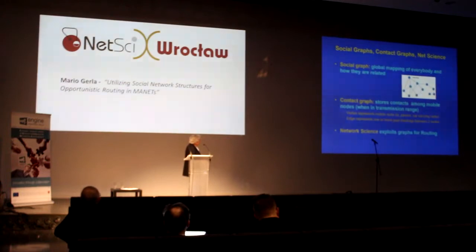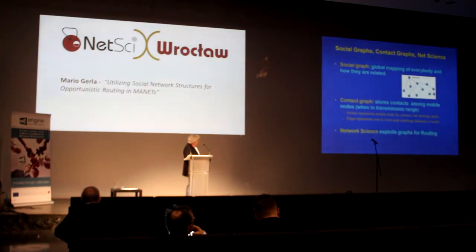All right. So, of course, a social network is represented by relations which are captured by a graph. So we introduce the notion of social graph, which is a mapping of all the nodes in the network, right? And it records the relationships.